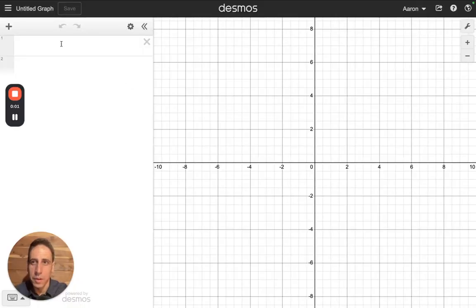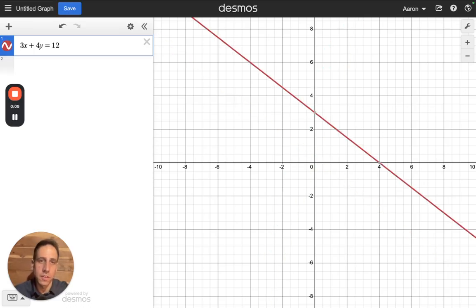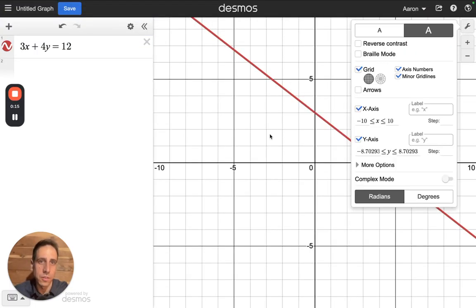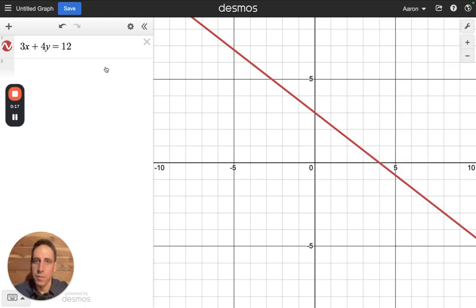All right, let's do some inequalities and graphing on Desmos. So here is 3x plus 4y equals 12. I'm going to make sure I'm signed in, and I like to do large print. Okay, 3x plus 4y equals 12. There it is. Let's change it to an inequality.